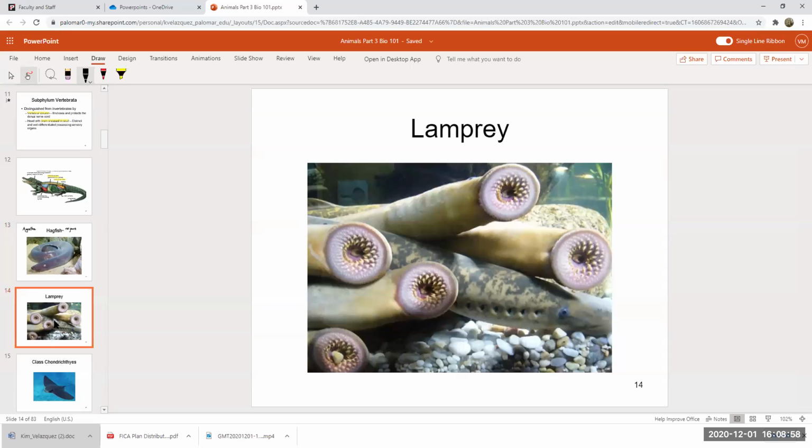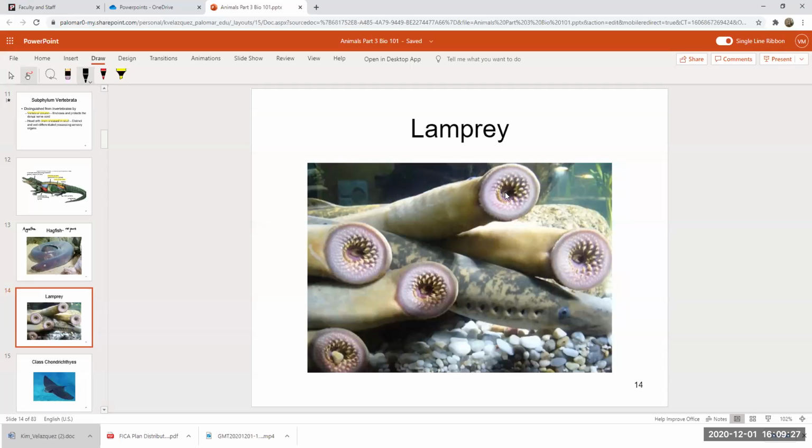Another primitive jawless vertebrate are the lampreys. And they also used to be classified as Agnatha because they don't have jaws either. The lampreys, though, do have a skull and do have vertebrae. They are parasites, and you can see that scary mouth where they attach to the side of a fish by suction, and those tooth-like plates burrow in.